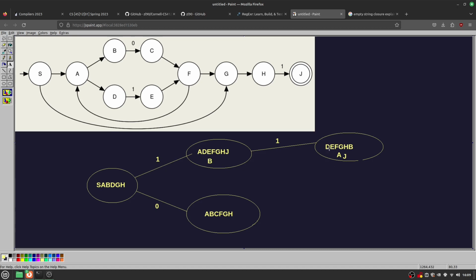A, D, E, F, G, H, B, and J. So that is the same. That's why we can get rid of this. Get rid of all that.